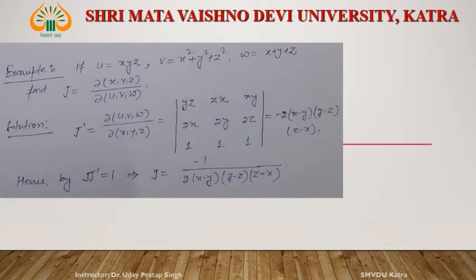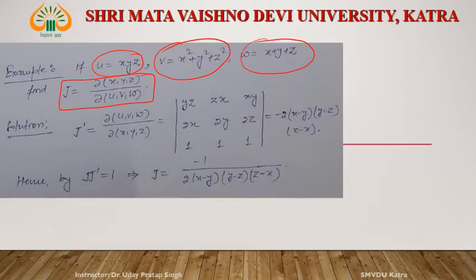Now see another example. If u is equal to xyz and v is equal to x²+y²+z² and w is equal to x+y+z, then what is the Jacobian of this? Solving this by using property number 1, first you find ∂(u,v,w)/∂(x,y,z), which is the determinant of ∂u/∂x, ∂u/∂y, ∂u/∂z, ∂v/∂x, ∂v/∂y, ∂v/∂z, and ∂w/∂x, ∂w/∂y, ∂w/∂z.